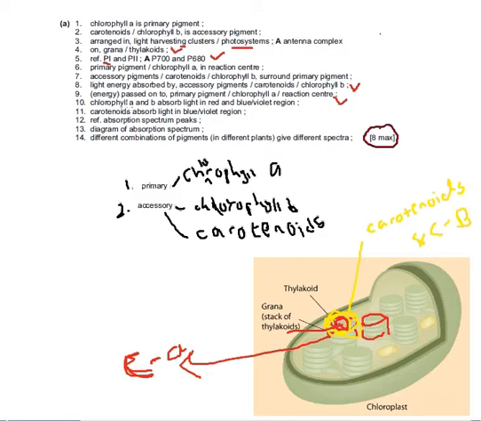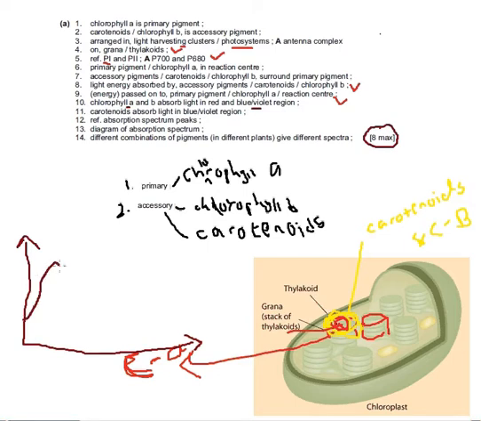Then we have chlorophyll A and B absorb light in red and blue violet regions. Now this, if you have done the absorption spectrum, you'll be familiar with this. There is even a question in absorption about this.